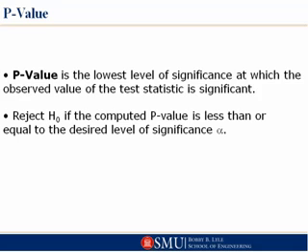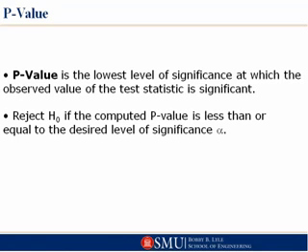I draw a sample, and the average household income of my sample turned out to be $65,000. I could then determine, assuming 50,000 is correct, what is the probability that I would have gotten a sample with a mean of 65,000? That's what I'm figuring out with a p-value. How likely was it that I would draw this particular sample given the null hypothesis is true? And then I'm going to compare it against the predefined alpha value.